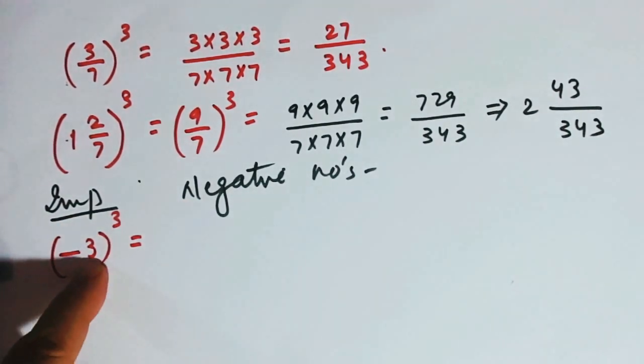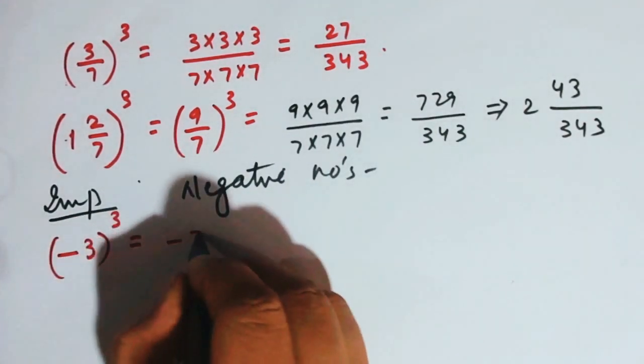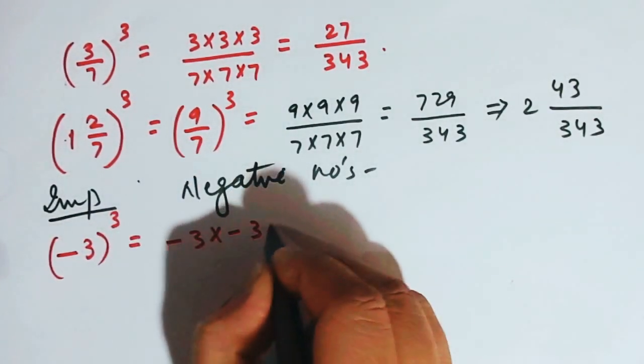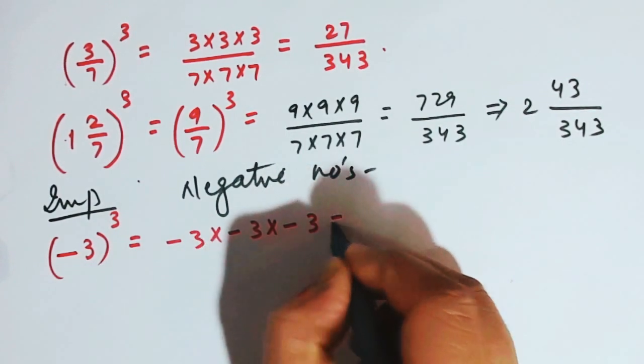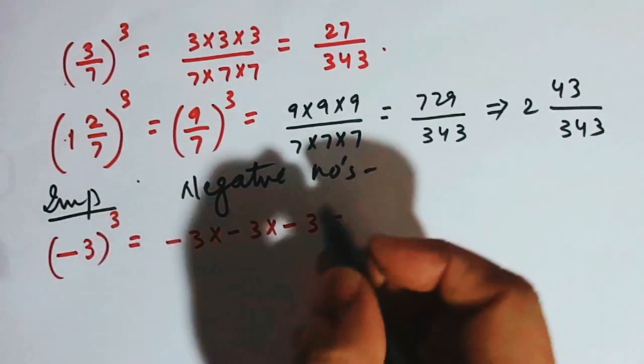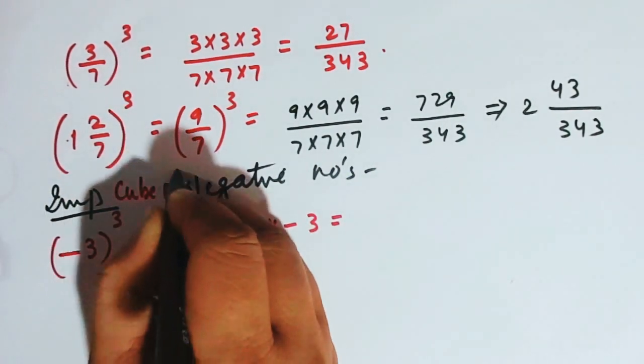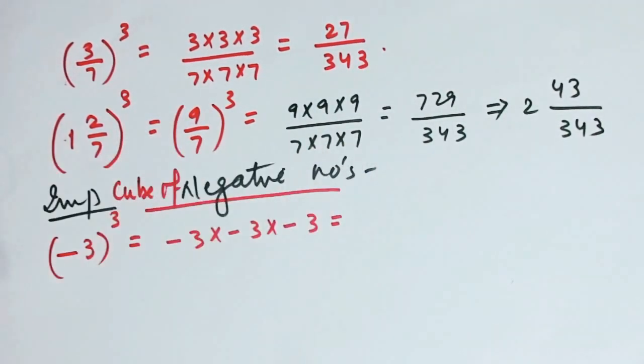Minus a number whole cube, so it will be minus 3 into minus 3 into minus 3. And what are you going to get? Let me write cube of negative numbers.